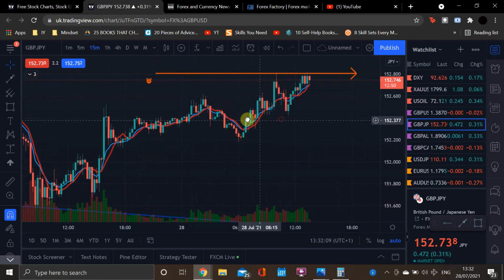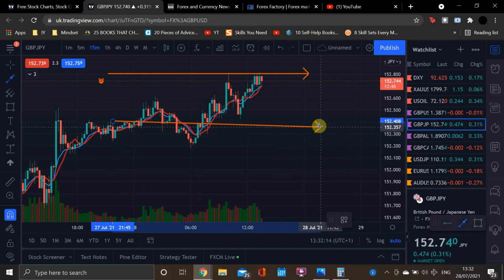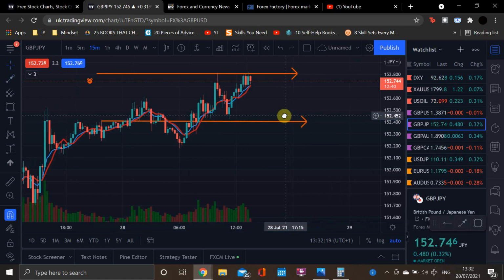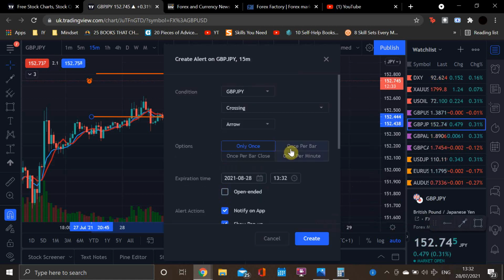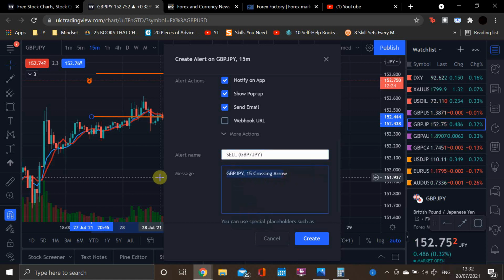Then as for this one, once per bar close, sell, back to falling wedge.